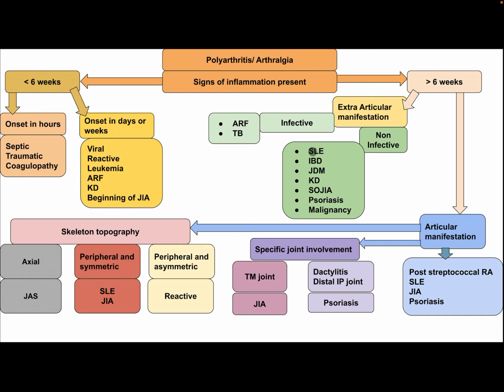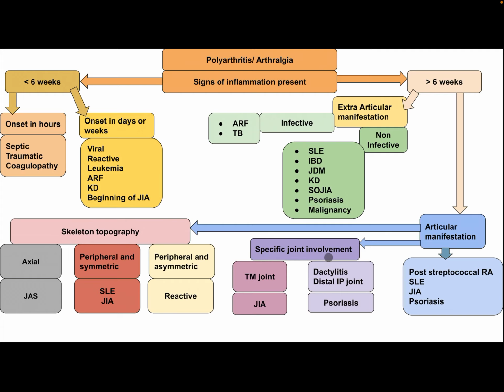If it is not infective, differential diagnosis: SLE, inflammatory bowel disease, juvenile dermatomyositis, Kawasaki disease, systemic onset JIA, psoriasis, and maybe malignancy. If the patient has only articular manifestation, the differential diagnosis: post-streptococcal rheumatoid arthritis, SLE, JIA, and psoriasis.